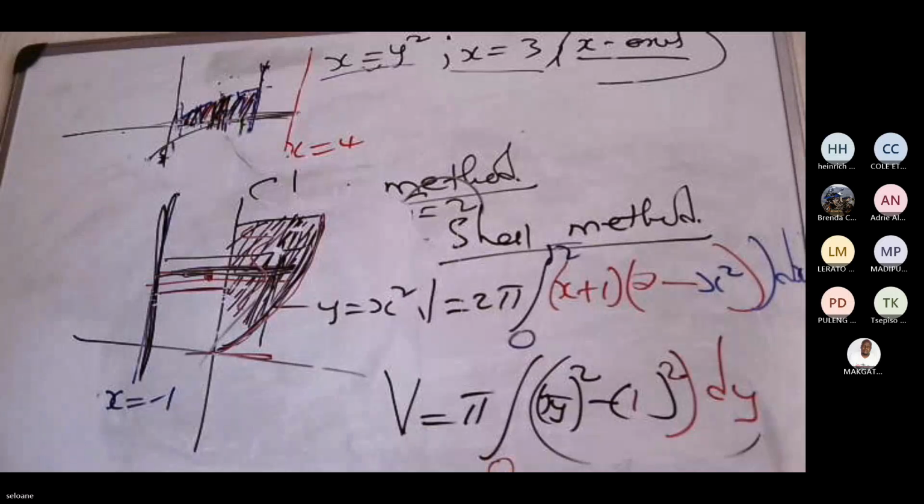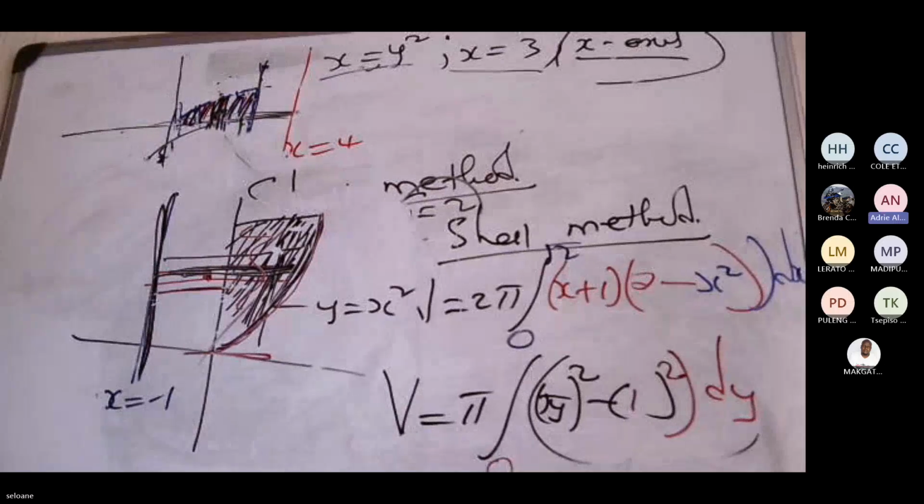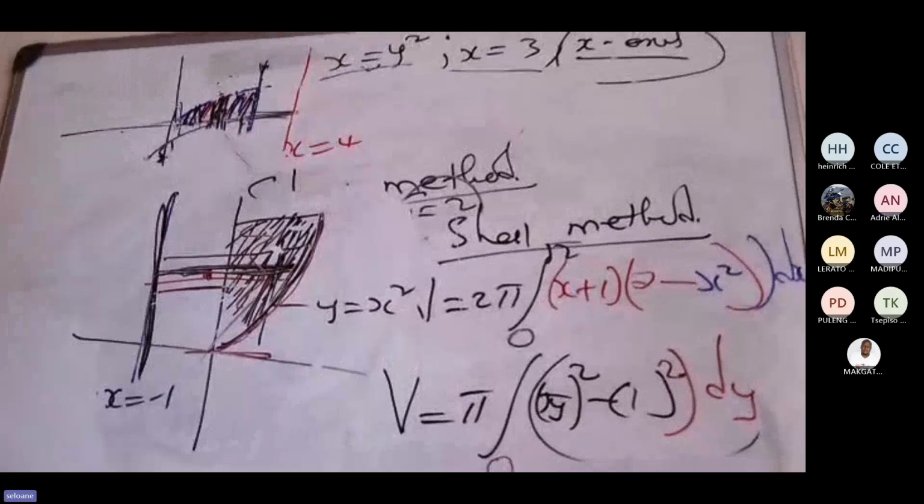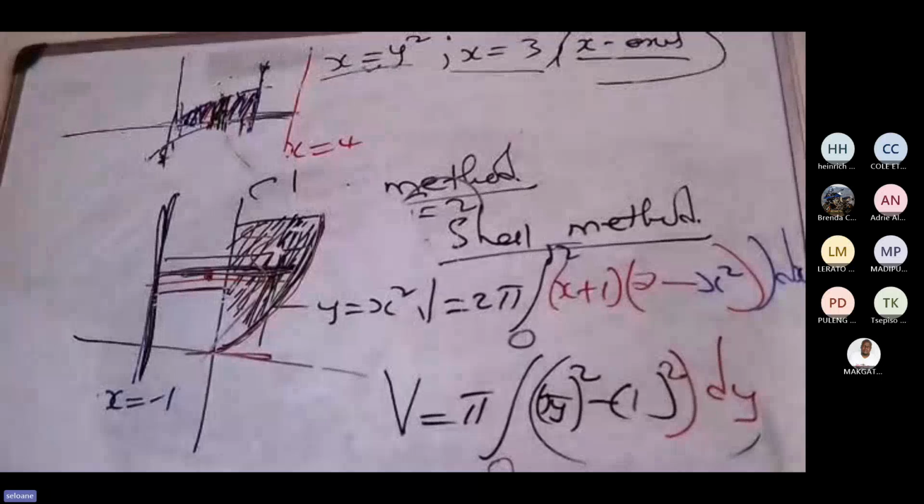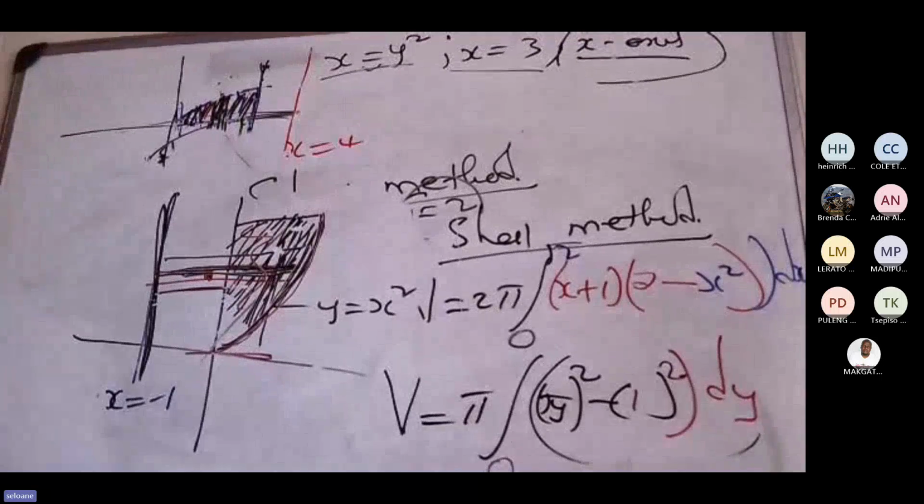Yes, Andre? A quick one, sir. The bigger radius, isn't it supposed to be square root of y minus -1? Okay, thank you very much. You see? Now we are together.